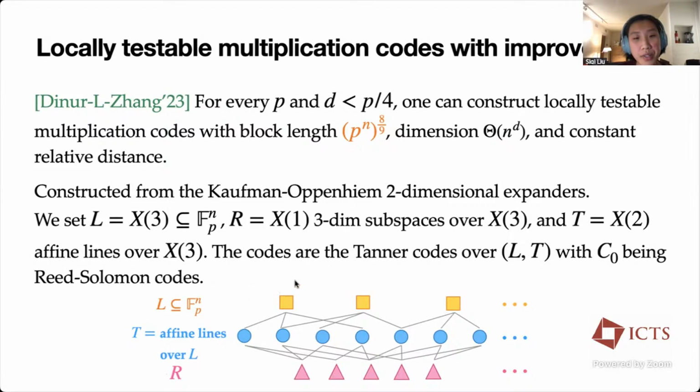It turns out that there's a natural way of viewing all these triangles as vectors from the vector space F_p to the n. Given an edge, if we look at all the triangles that this edge participates in, they form an affine line over the set of points that we picked.